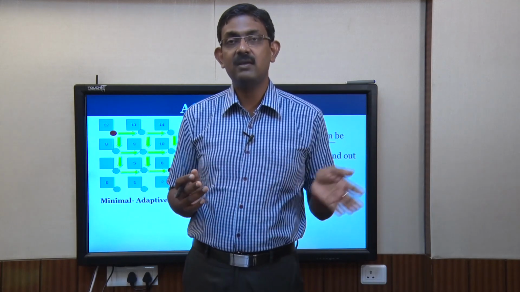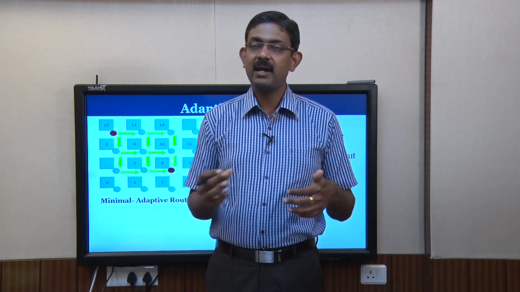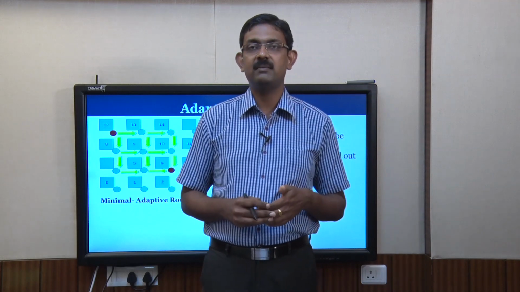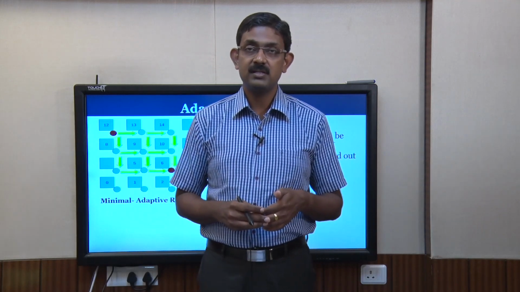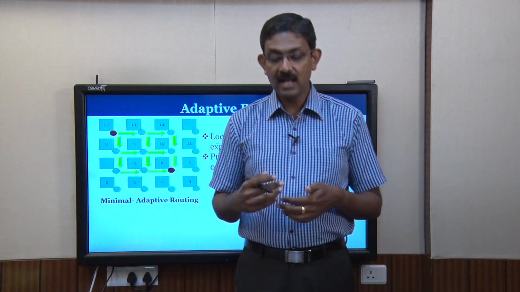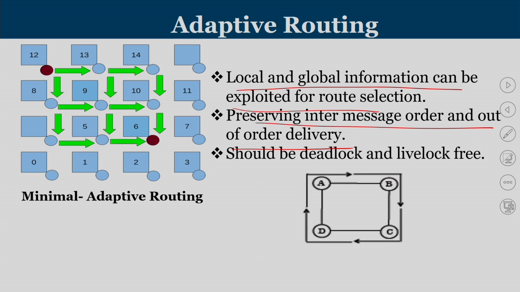When certain packets take a different route by looking into adaptivity, then some packets may reach early, some packets may be reaching slightly delayed, leading to out of order receipt of packets. This has to be handled. So, preserving inter-message order and out of order delivery is another design challenge in adaptive routing. And whenever we go for adaptive routing, it should be deadlock and livelock free.